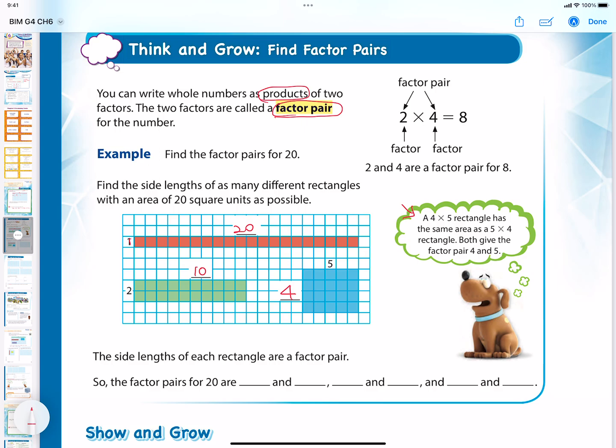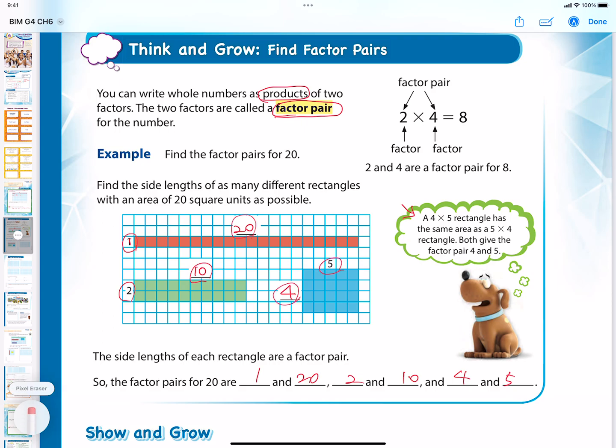Now the side lengths of each rectangle are a factor pair. So the factor pairs for 20 are what? First we have 1 and 20, and 2 and 10, and 4 and 5. Make sense? So this side, like column and row, those are what?